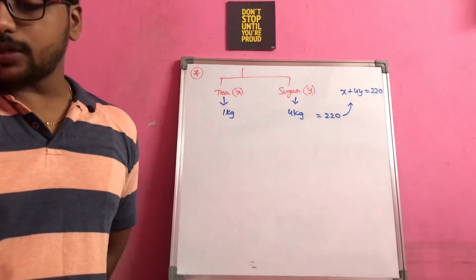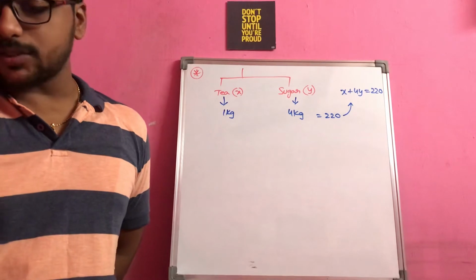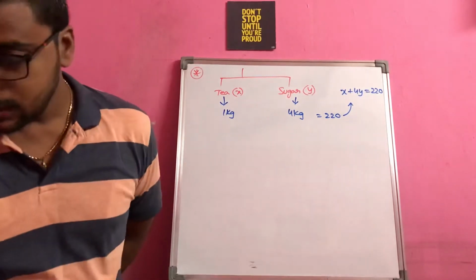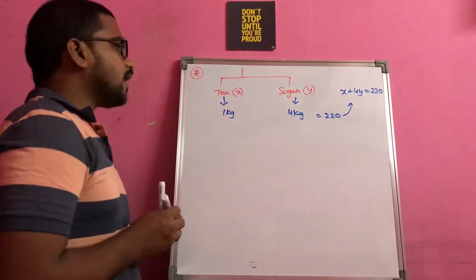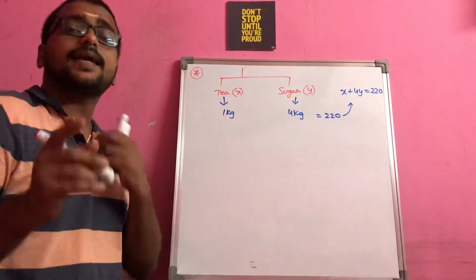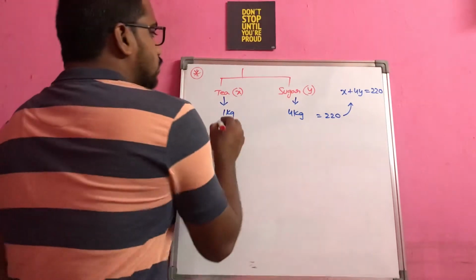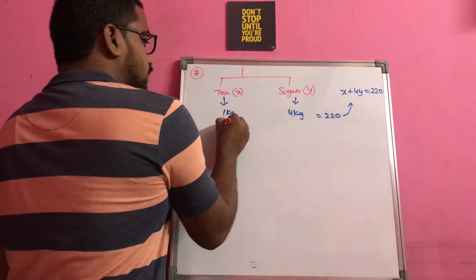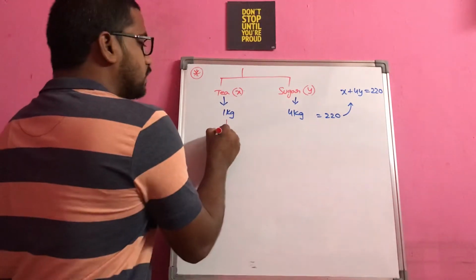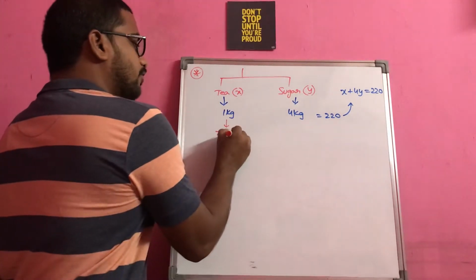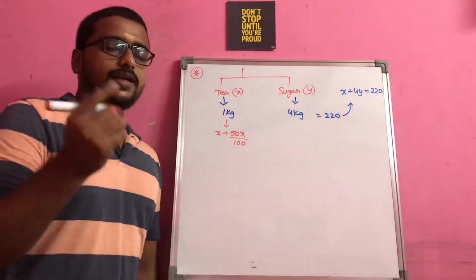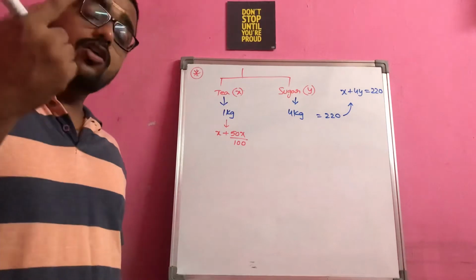Come to the continuation. If the price of sugar increases by 50% and the price of tea increases by 10%, the cost would be 266 rupees. Now understand this. If the price of the sugar increases by 50%, this is already y rupees, and the price increases by 50%. So that means y plus 50y by 100. Is this correct? Initially y and then on top of that 50%.